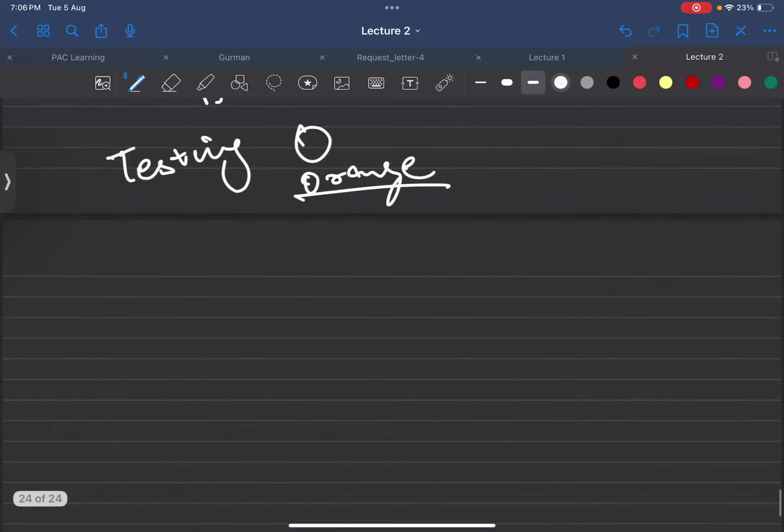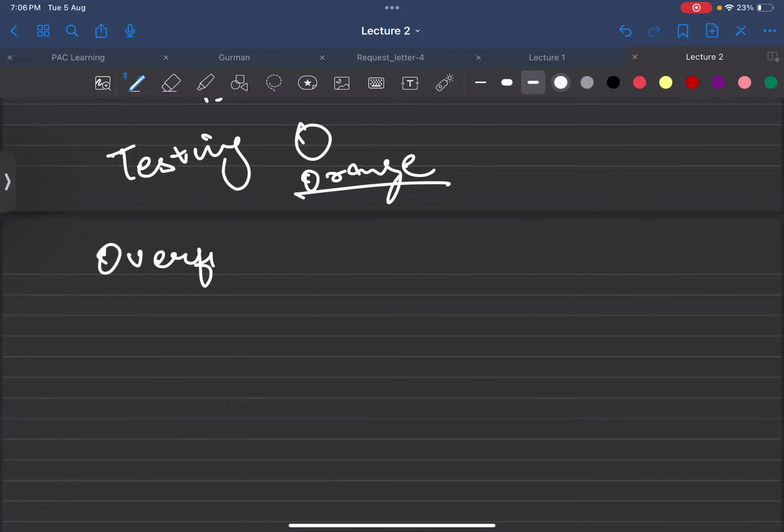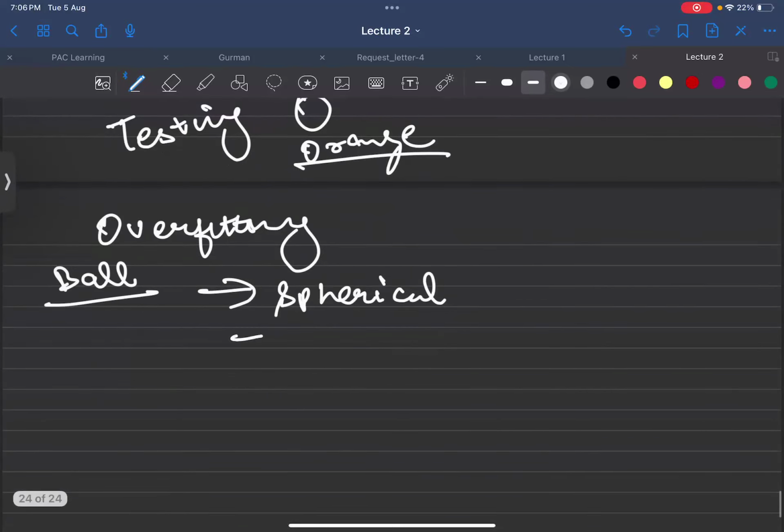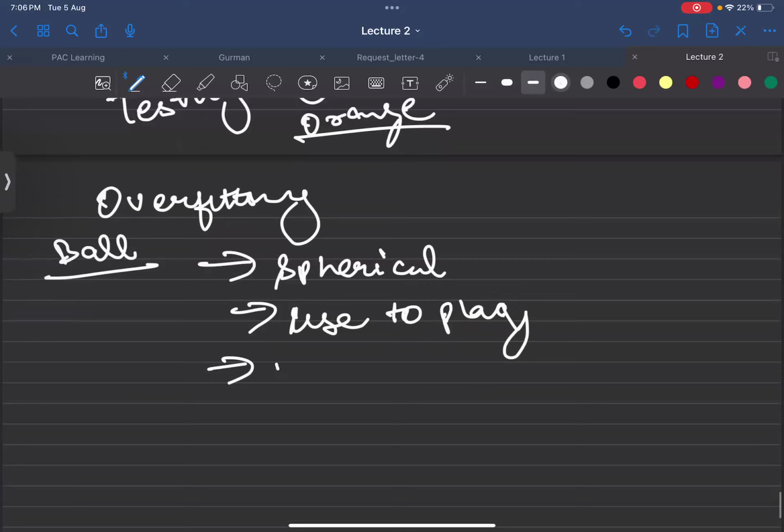Now coming to overfitting. Now, for a ball, suppose I'm giving the features: the same way, it's spherical in nature. I found a ball, then I found it's used to play. Then I'm giving its radius is 2 centimeters.